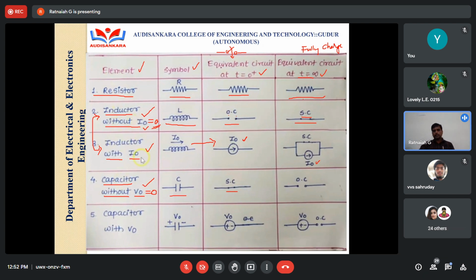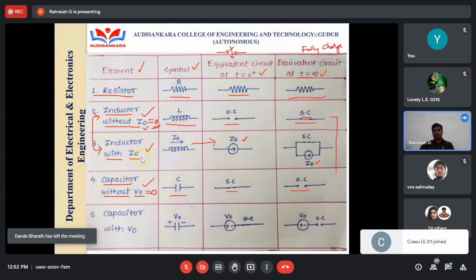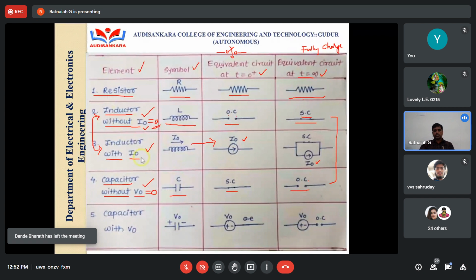And finally, at t equal to infinity, the same capacitor behaves like an open circuit, quite opposite to the inductor. Why does it behave like an open circuit? We already know the current equation I is equal to C dV by dt.